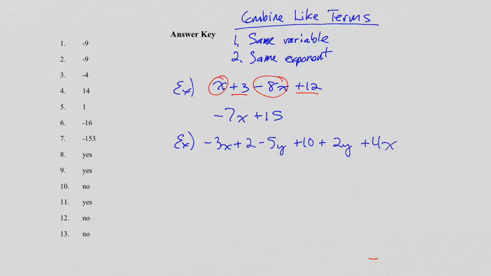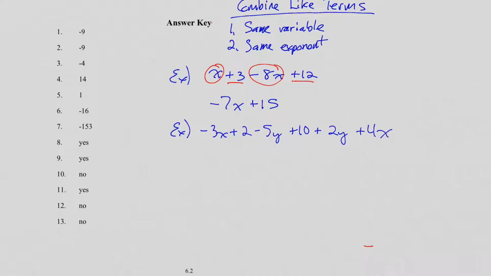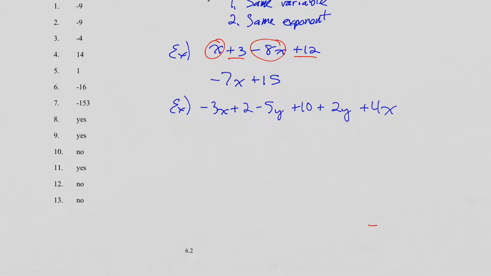So here's another example. It's kind of long, but basically we can say, hey, this is too long. I want to organize this a little bit better so that I can see the like terms. So we can put the x terms together in a group. We can put the y terms together in a group.